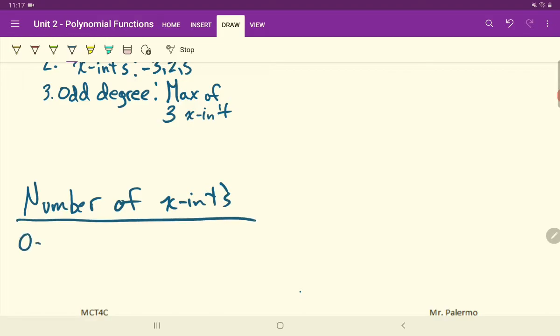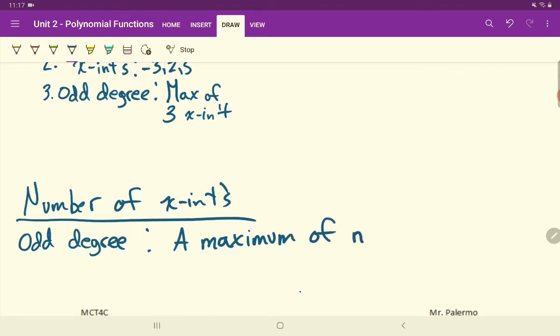So for an odd degree function, you can have a maximum of n, where n is the degree of the function.